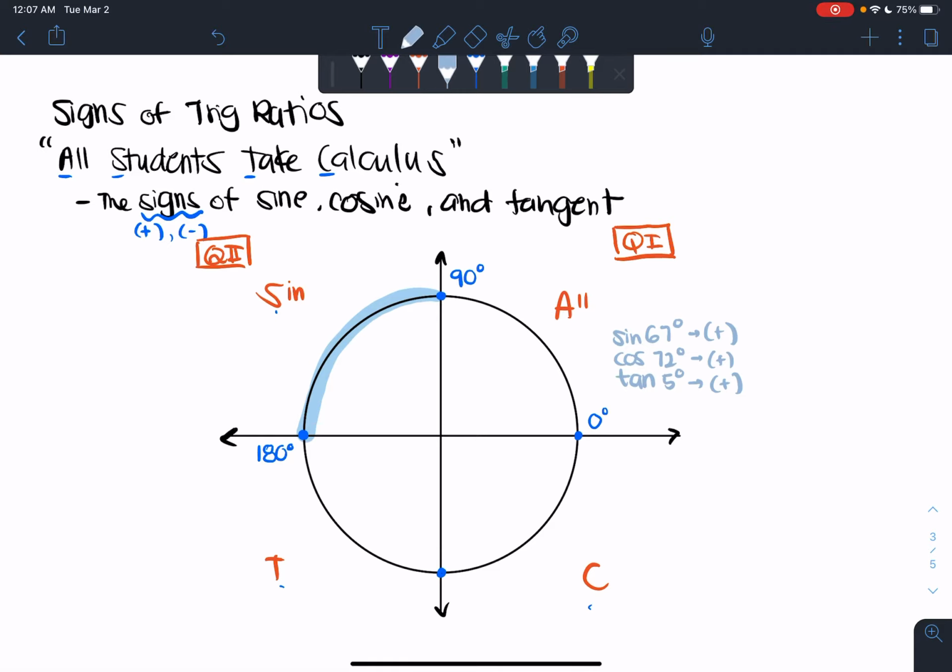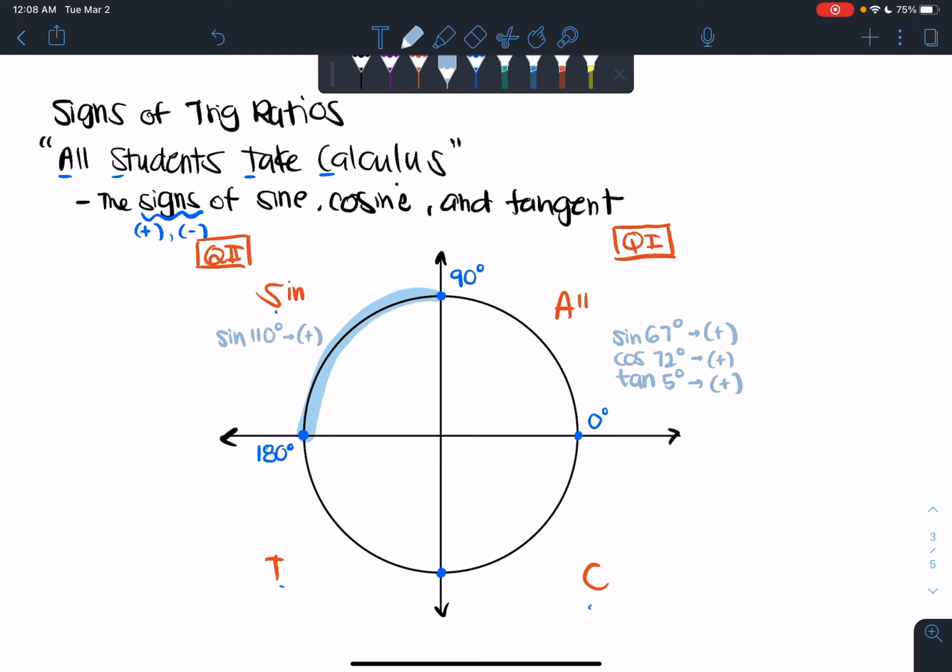If we do the sine of, how about 110 degrees? Sine of 110 degrees is again 0.939. So that will be positive.